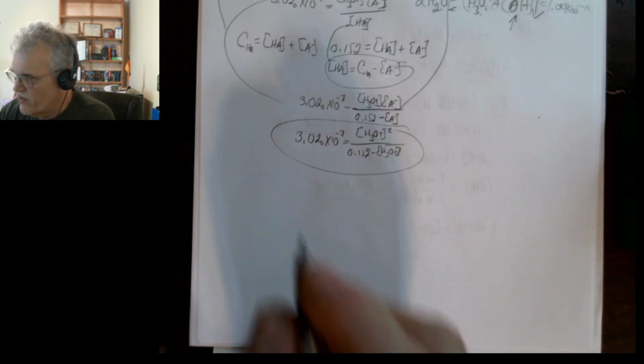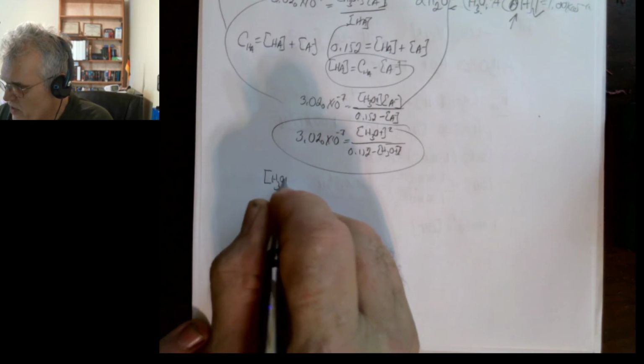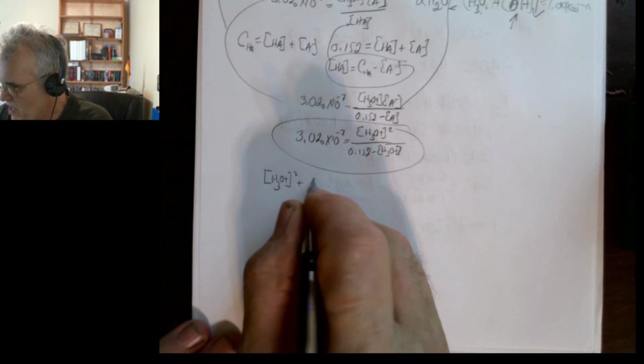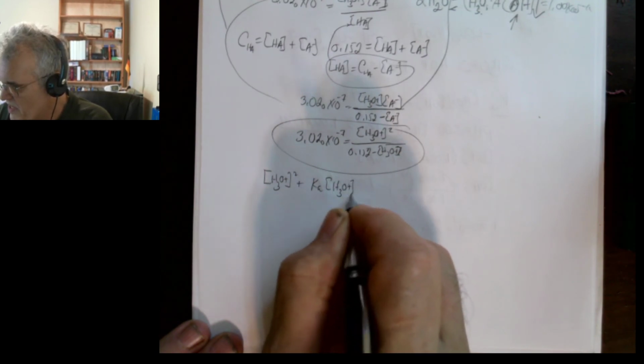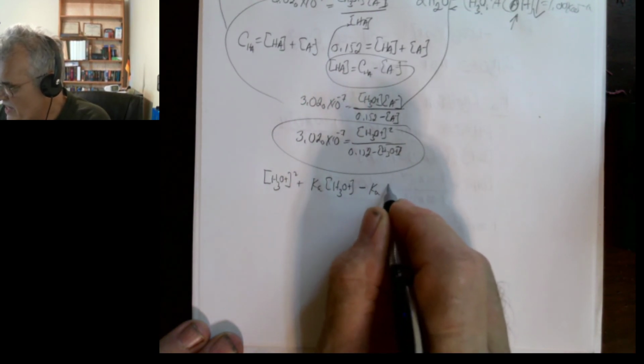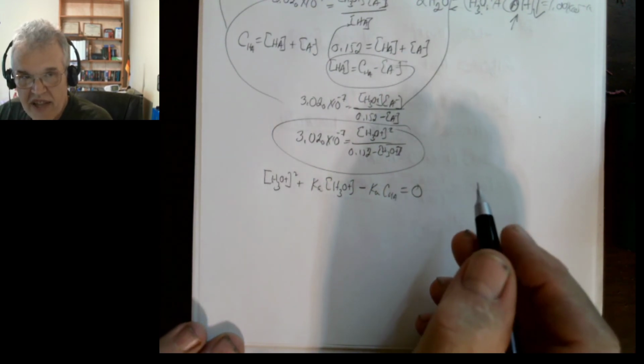So with that, I've got a quadratic, and generically the quadratic is always H3O plus squared plus Ka times H3O plus minus Ka times CHA equals 0. And you know how to solve a quadratic.